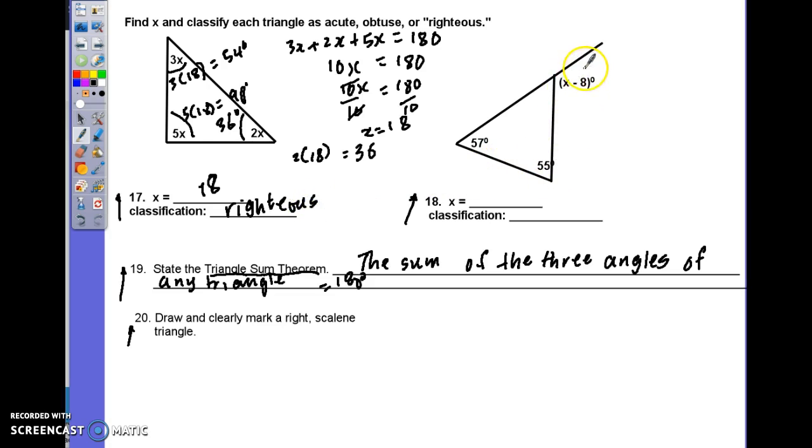And finally here, this exterior angle is going to be the sum of these two angles. So we have x minus 8 is equal to the sum of the two remote interior angles. That's the exterior angle theorem. We have to work this out, find the x. And once we find the x, then we can find this missing angle.